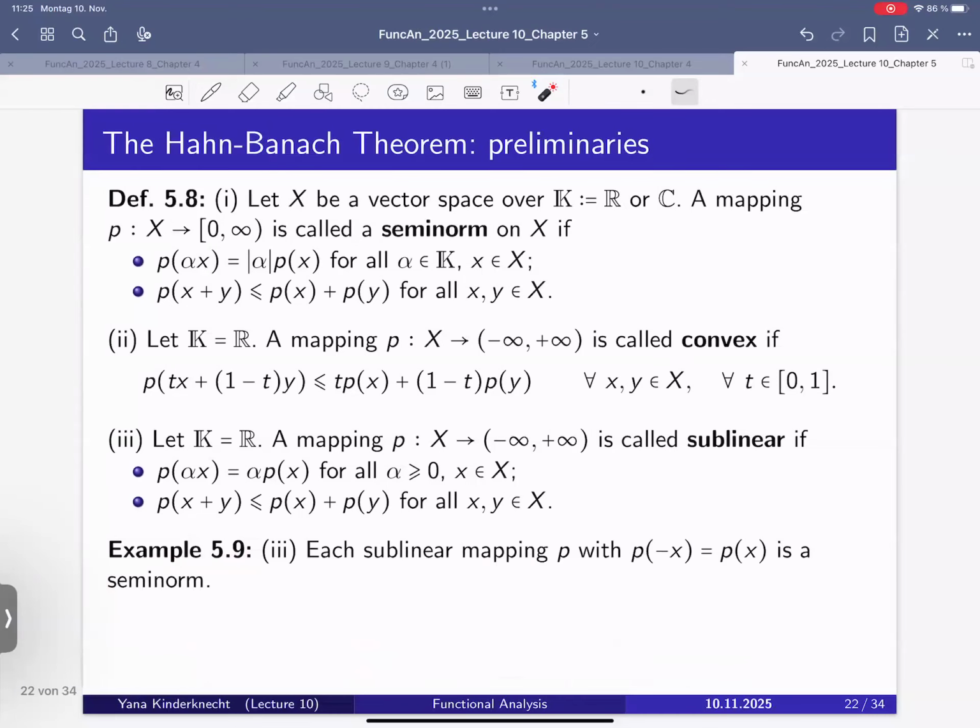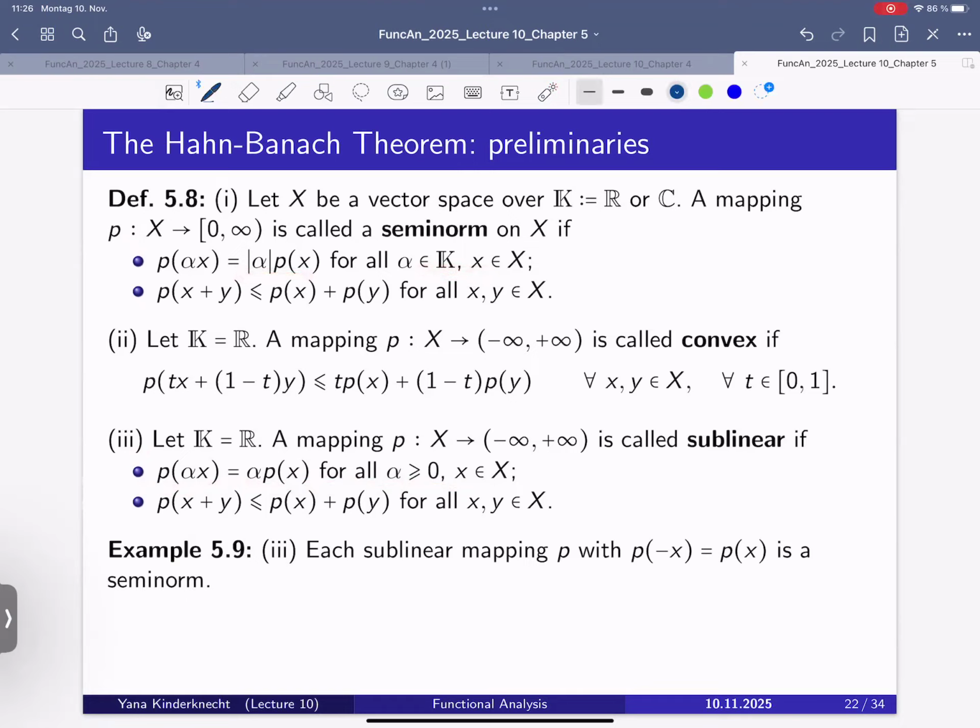Okay, and one more remark. Each sublinear mapping, so a mapping satisfying this, with the additional property that P of minus X is equal to P of X, is a semi-norm. So what is the difference from here and here? Here we have it only for positive alphas and here for all alphas, but with absolute value.